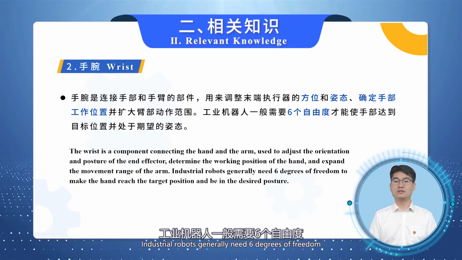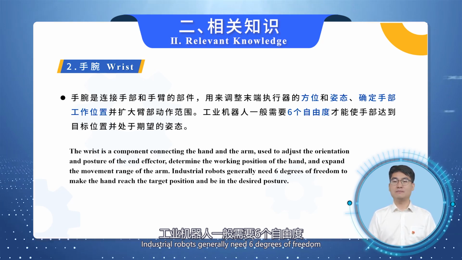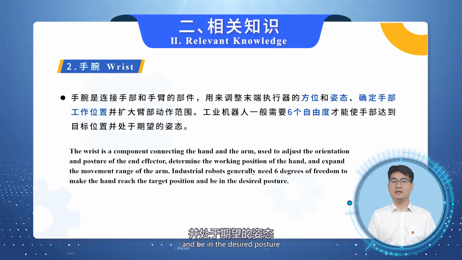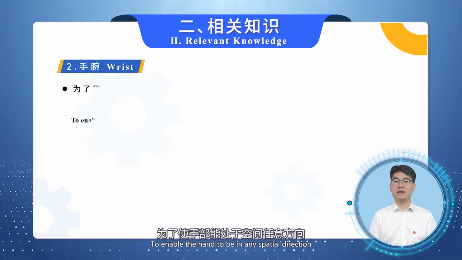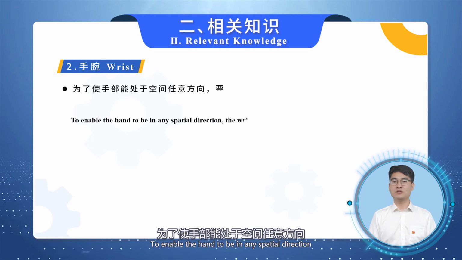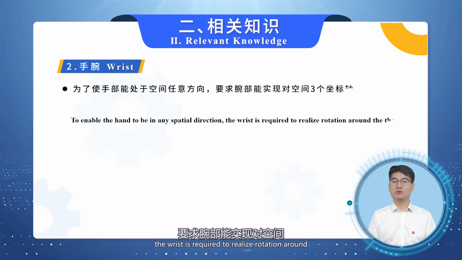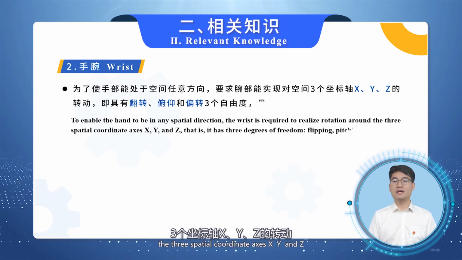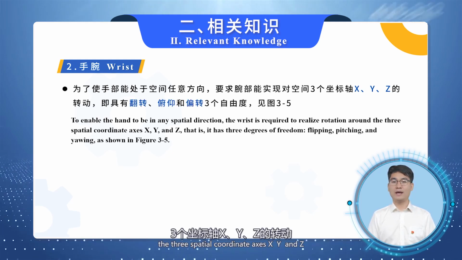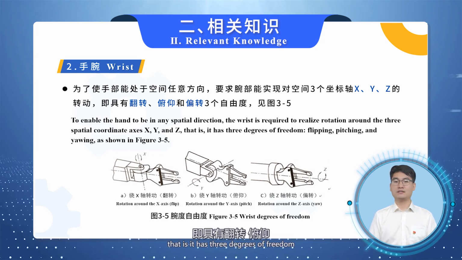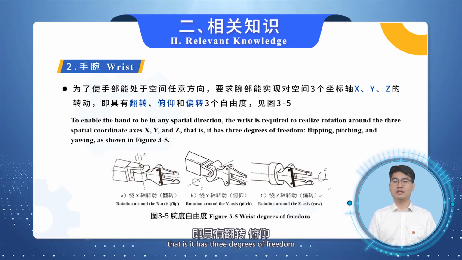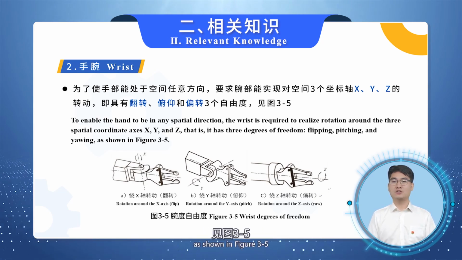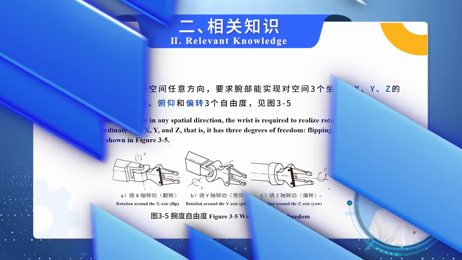Industrial robots generally need 6 degrees of freedom to make the hand reach the target position and be in the desired posture. To enable the hand to be in any spatial direction, the wrist is required to realize rotation around the 3 spatial coordinate axes, X, Y, and Z. That is, it has 3 degrees of freedom: flipping, pitching, and yawing, as shown in Figure 3:5.